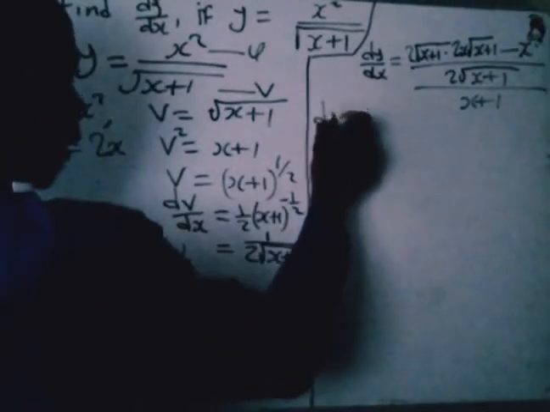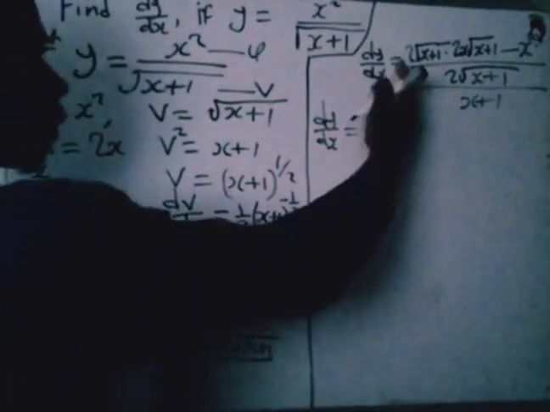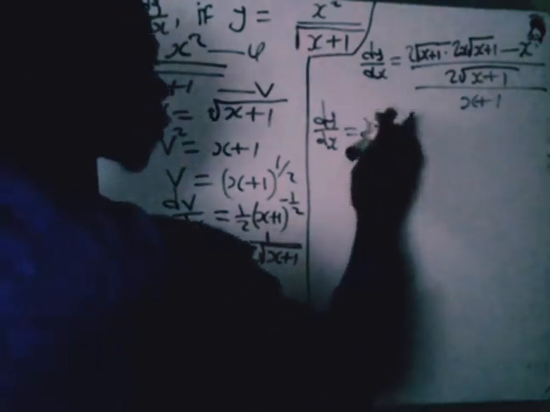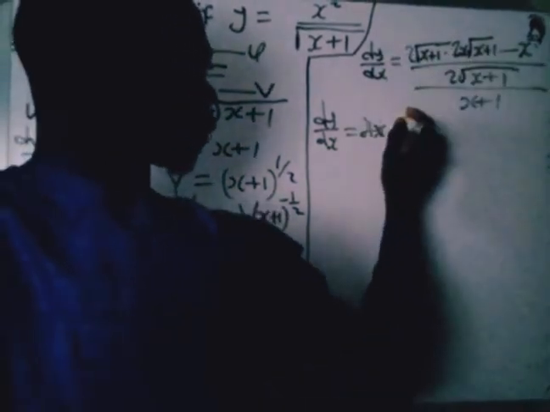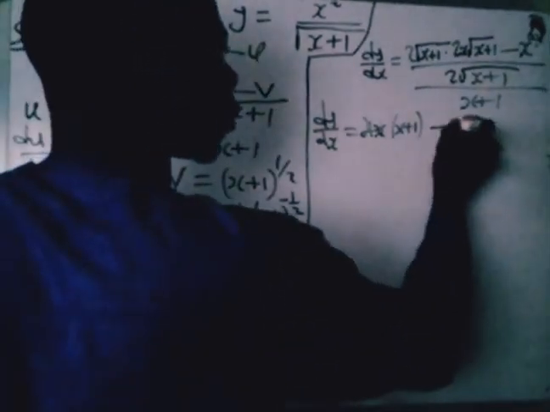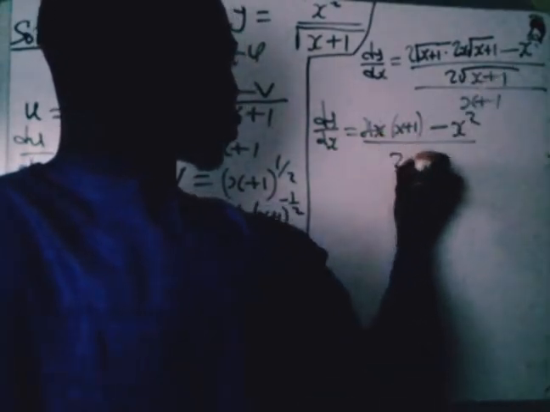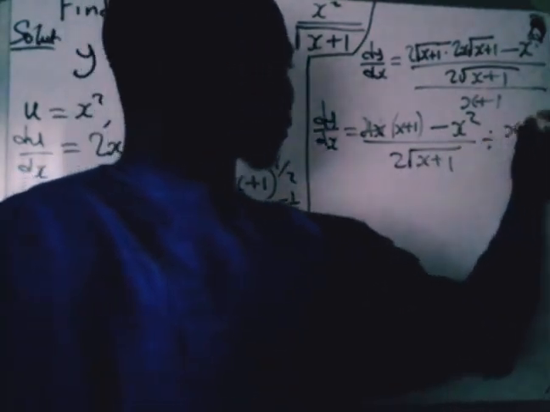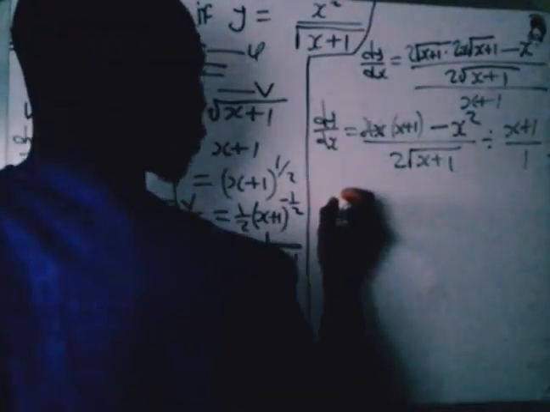So dy/dx will be equal to, multiplying the coefficients, we have 4x, then root x plus 1 times root x plus 1, which is definitely x plus 1, then minus x squared divided by 2 root x plus 1, divided by x plus 1 balanced with 1.